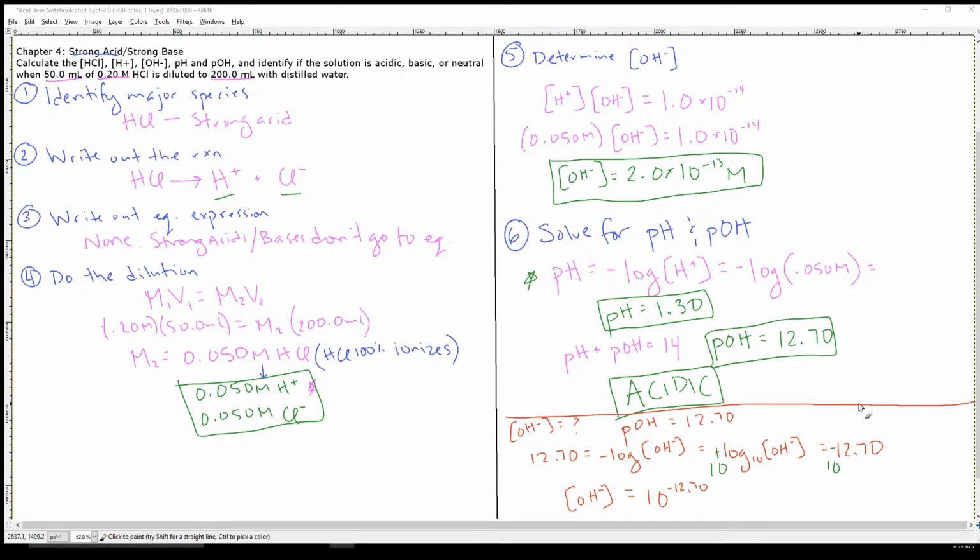So this is an aside, this is unrelated, it's just extra practice. Let me write that down so you don't get confused. This is an unrelated example down here. Alright, so there you go. This will be the next thing that you want to include in your acid-base notebook.